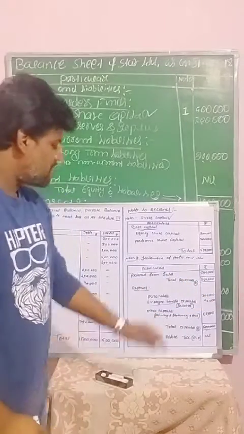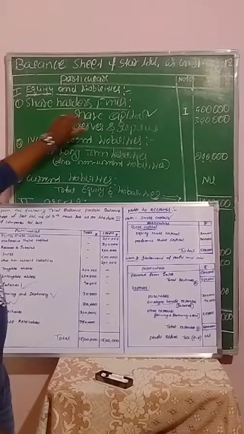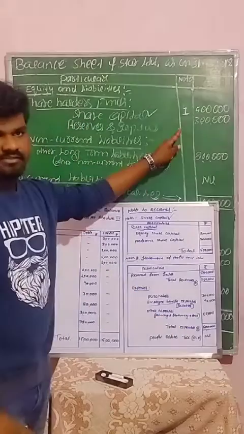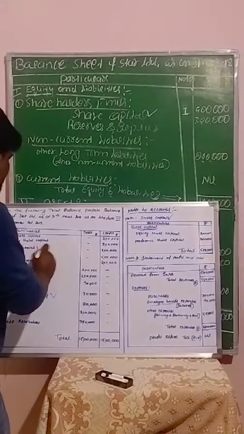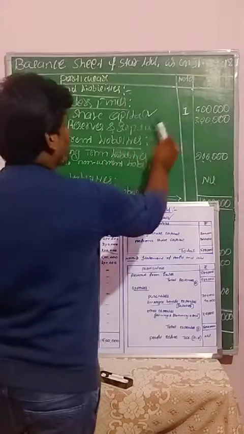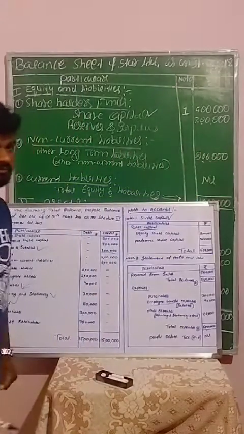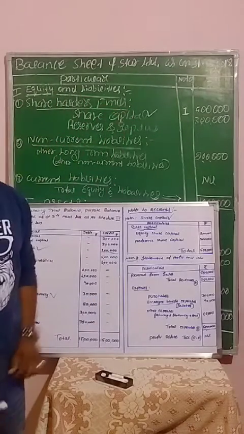In this situation, there is no need to carry forward any profit or loss into the reserves and surplus account. So as per the given information, they have given reserves and surplus value of 3 lakhs rupees. These 3 lakhs rupees we can directly record in the amount column. For the shareholder funds, we have two transactions.